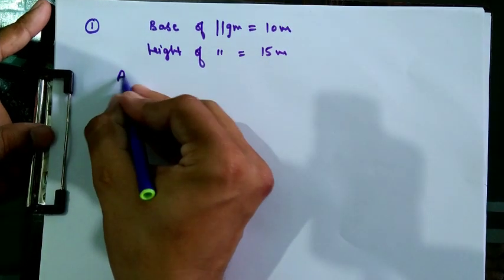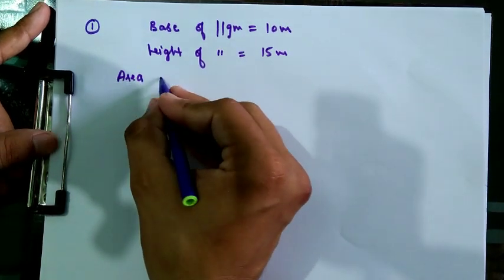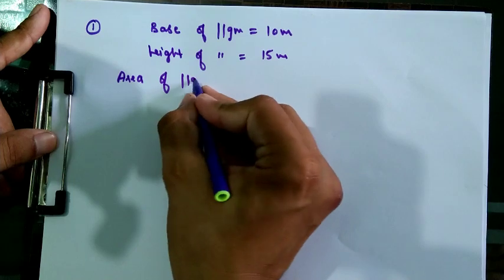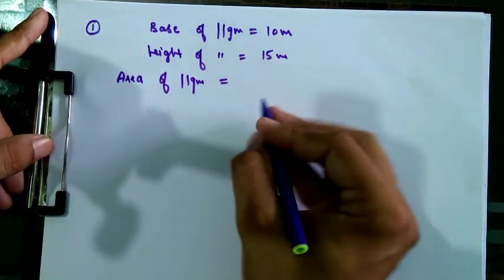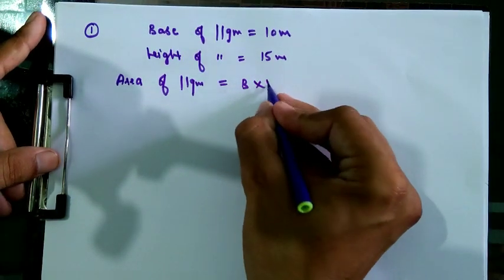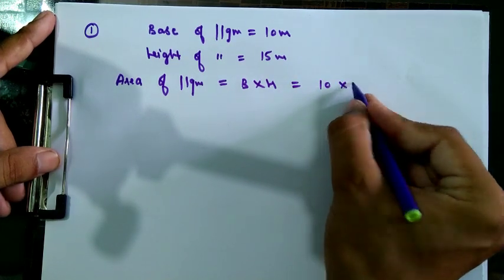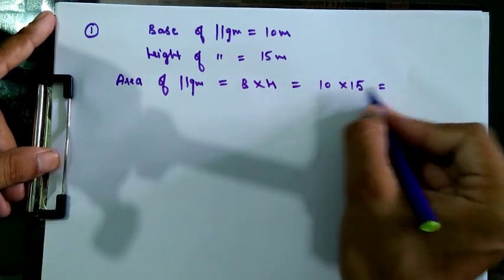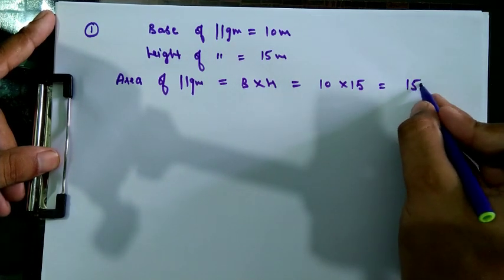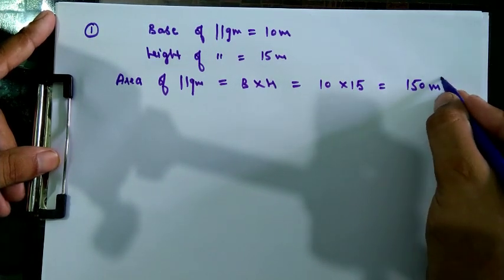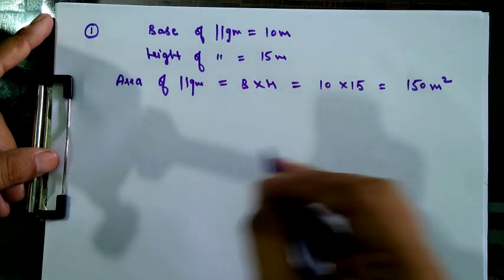Simply, by the first formula, area of parallelogram is base into height, which equals 10 into 15. 10 15s are 150 meter square.